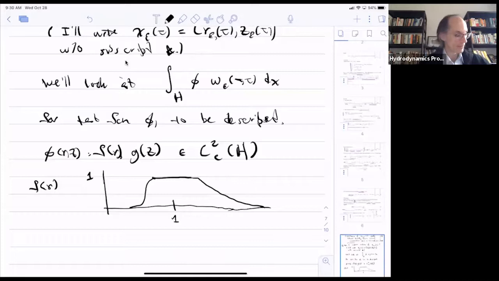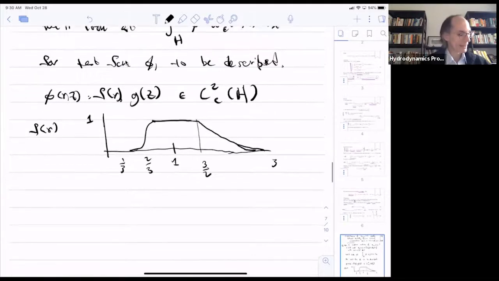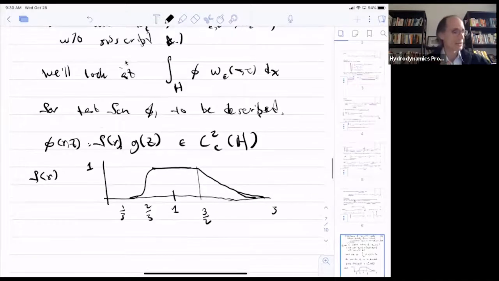I think I said 1/3 and 3, and 2/3 and 3/2. So anyway, it looks like that. Its support is in the interval from 1/3 to 3, and it's equal to 1 in the interval from 2/3 to 3/2. Nothing special about these numbers. I just want it to be 1 near where r equals 1, because I know that the vorticity is always concentrated near r equals 1.